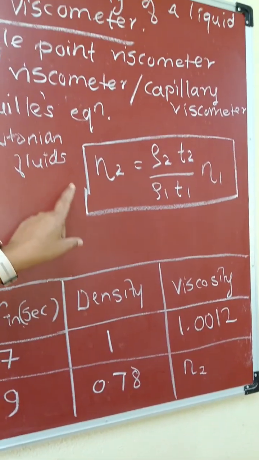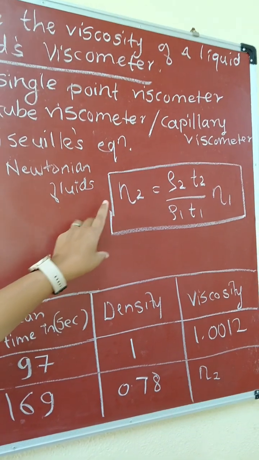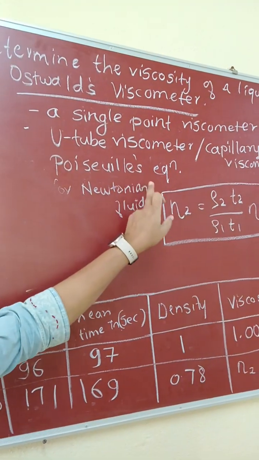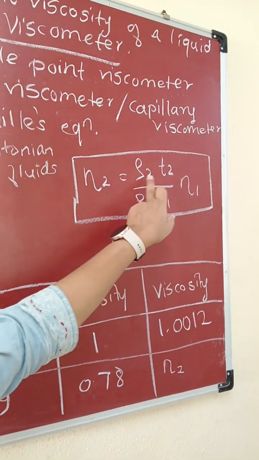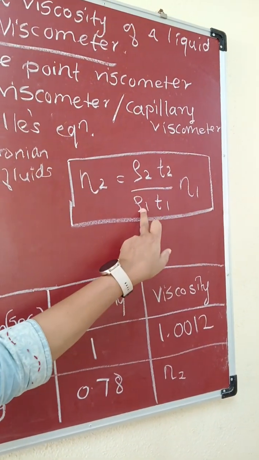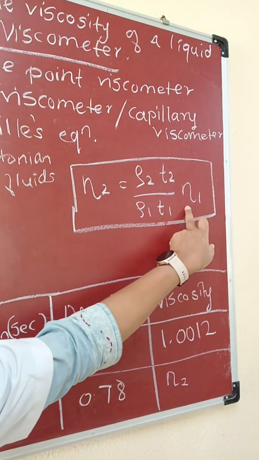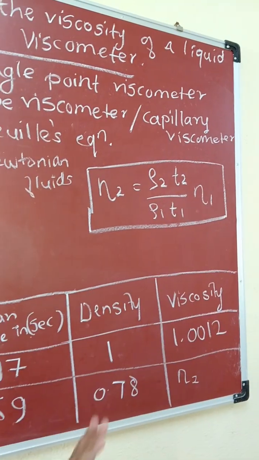Now, by using the formula which is derived from Poiseuille's equation, that is eta 2 is equal to rho 2 into T2 upon rho 1 into T1, into eta 1.